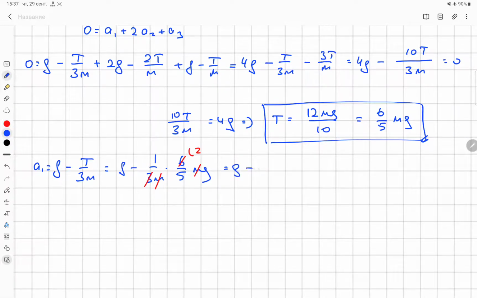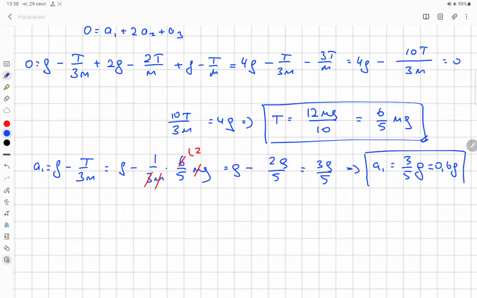So g minus 2g over 5, which means 3g over 5. As you see, the acceleration is positive, 3 over 5 g or 0.6 g. We said that a1 moves downward and the result gives us a positive number. So the first object moves downward.